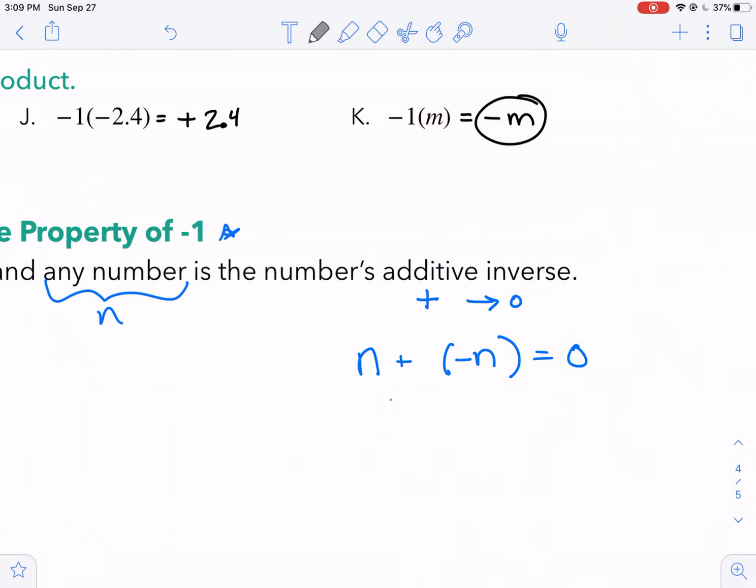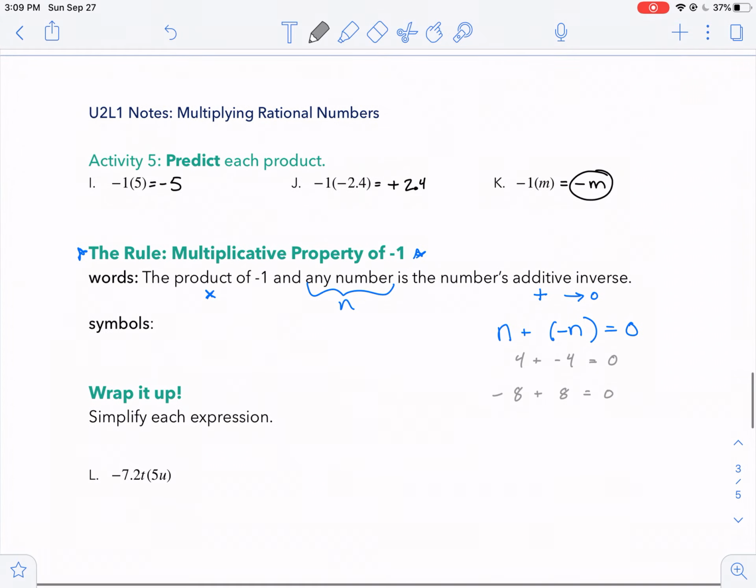For example, 4 plus -4 equals 0, and -8 plus 8 equals 0, that kind of thing. So in symbols, what this means is if you have -1 times some number n equals -n. Yay!